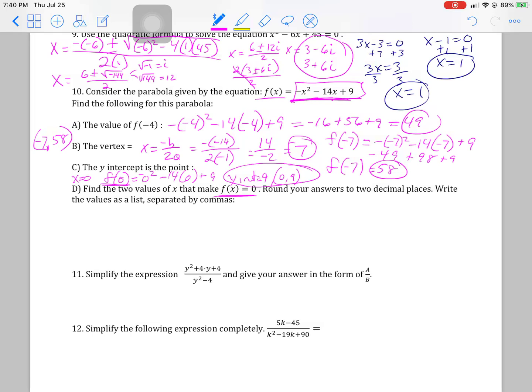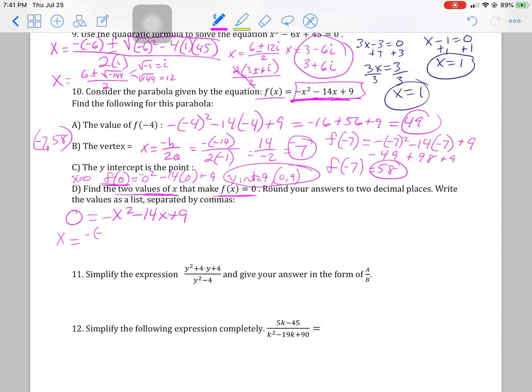Now they want to know when the whole thing is 0, or the y equals 0, what happens. So that has to go on the end, and that's a whole different thing here. That means that's 0, and the rest needs to be solved for x. Okay? Find the two values of x. Solve for x. It's in quadratic form, so let's do the formula.